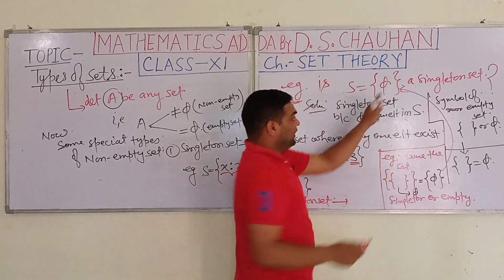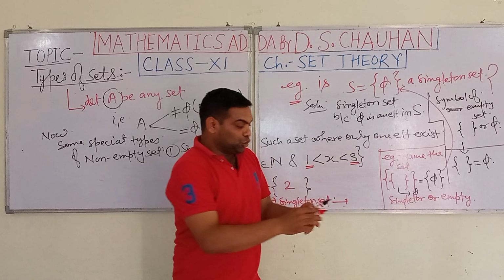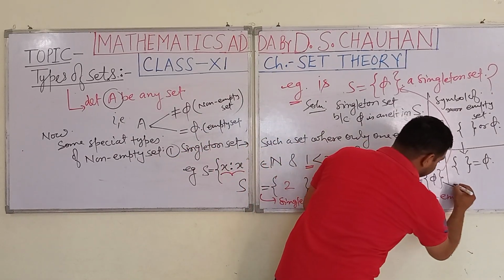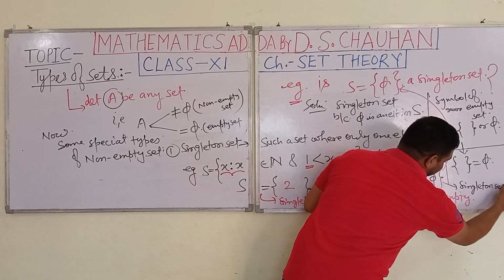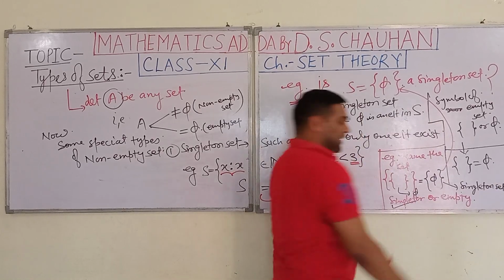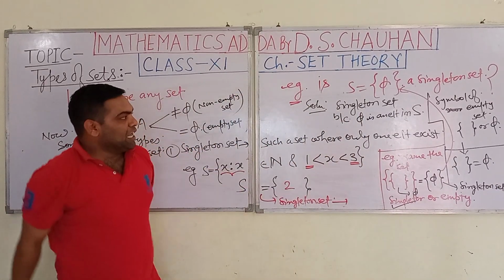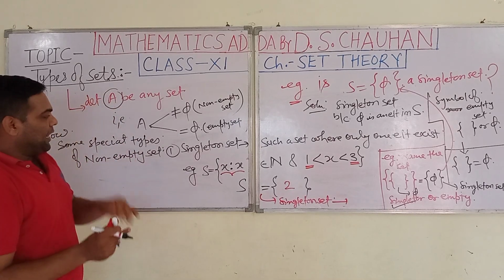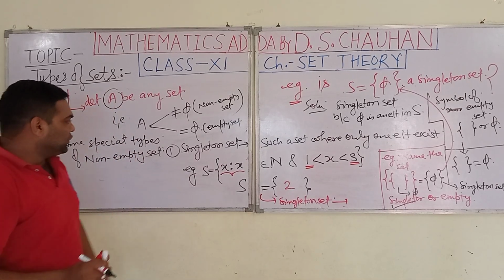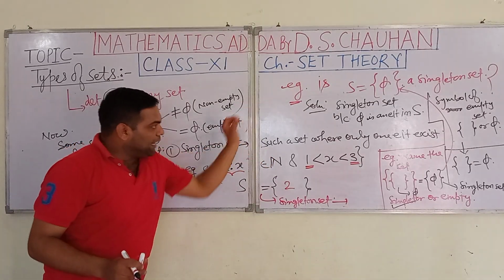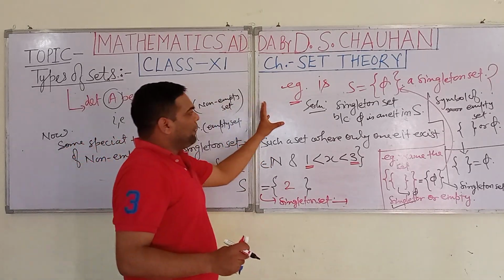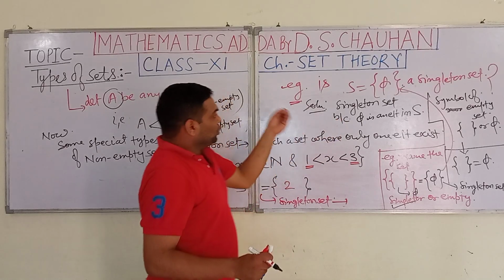To this symbol, we can note down that it is equal to phi. So this is nothing but phi. So further, what could it be? This is the same as this, and this is a singleton set. So students, what will this be? This is a singleton set.